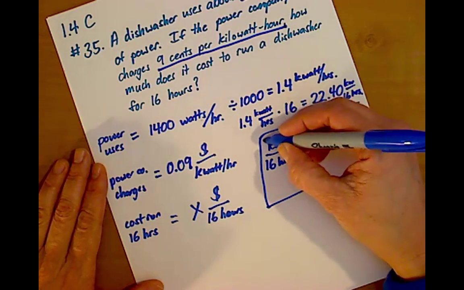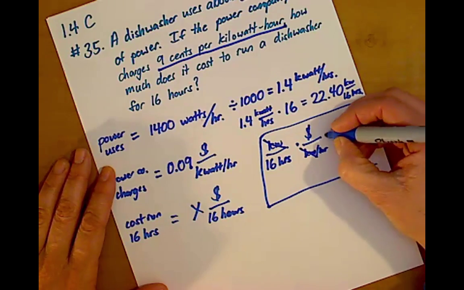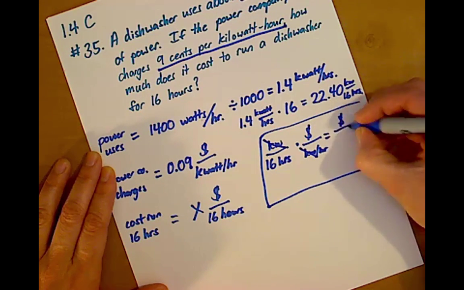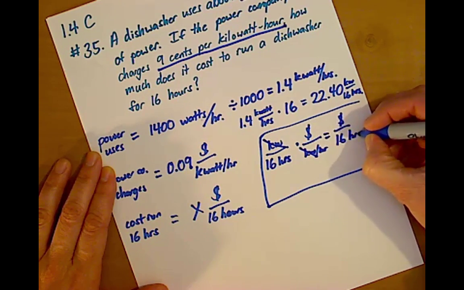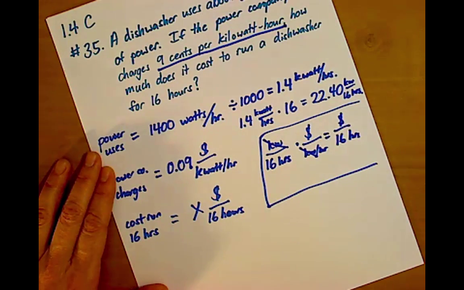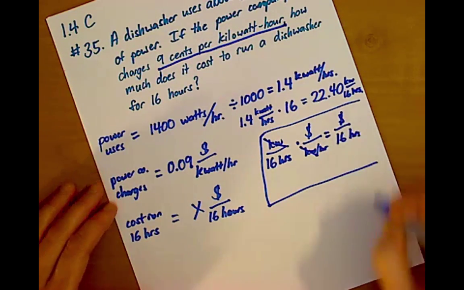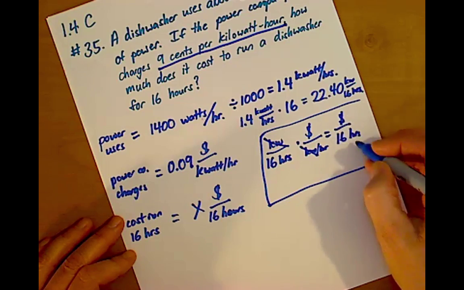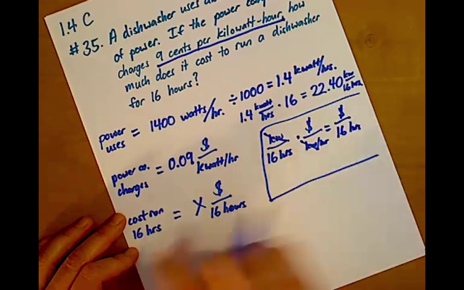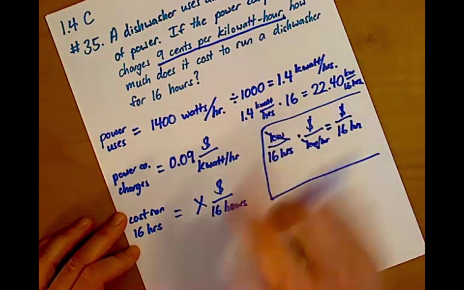So these kilowatts divide to 1, and we end up with dollars per 16 hours. This one's hours down here and this is hours down there, so those don't actually cancel out. You have dollars per 16, the cost for 16 hours. Okay, so we can tell from the units that we're going to be doing the right thing if we multiply.